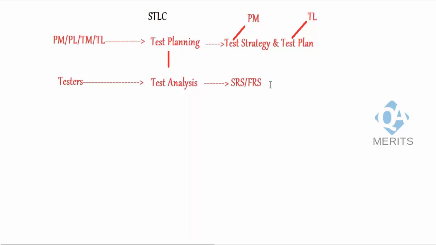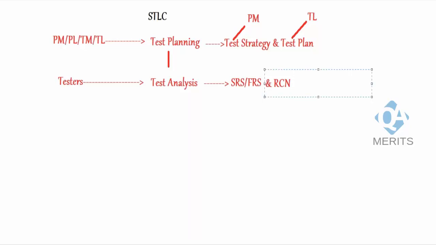Now while we are analyzing the requirements, you may get some doubts. Document all these doubts in a template called the RCN template, requirement clarification note. Suppose you get one or two doubts, we can directly interact with the TL. Suppose you get 10 or 20 doubts, it is not possible to interact with your TL 20 times.